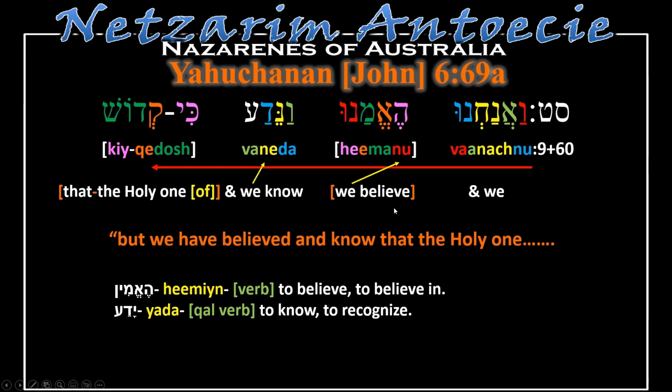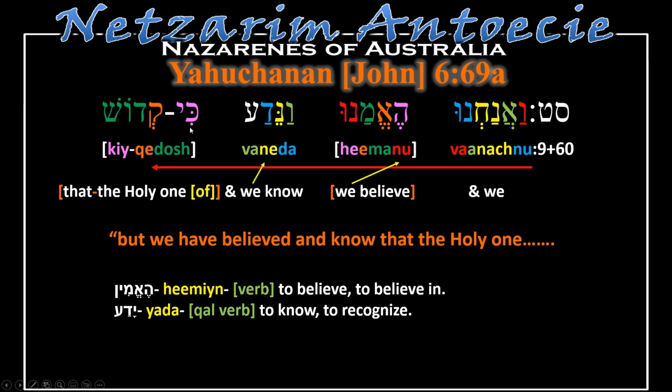So we believe. And then we have va neda, and we know, because we know that yada is the root. Yada, it's a kal verb to know, to recognize. And the nun, therefore, is telling us that it's we, and we know.